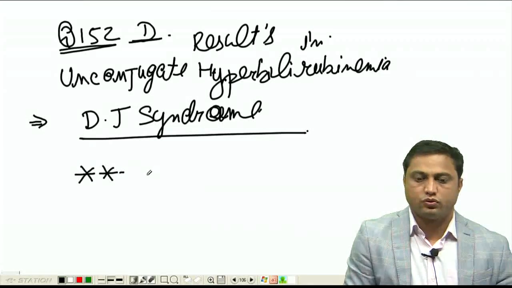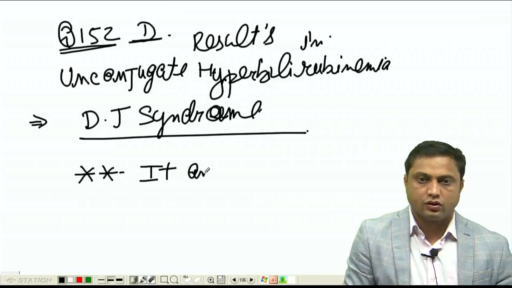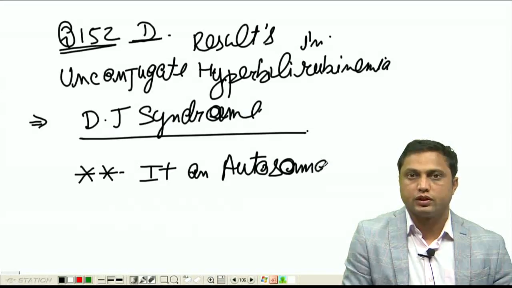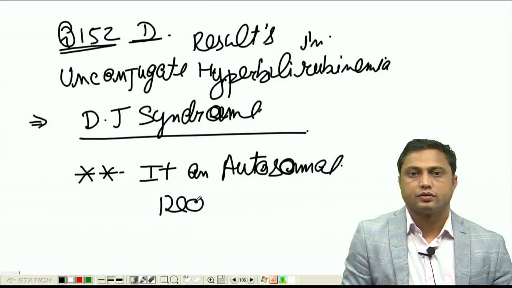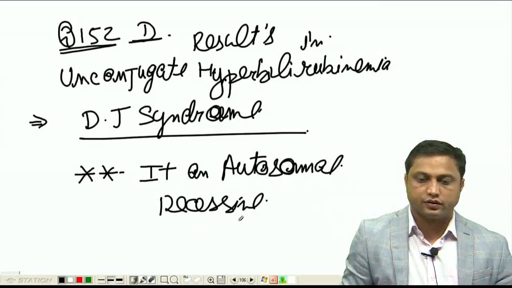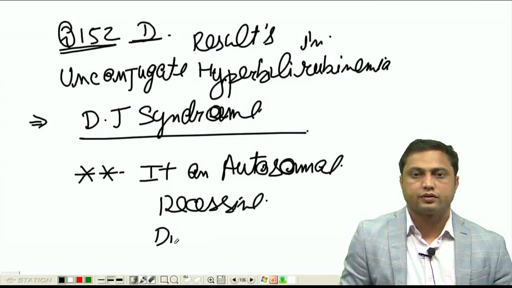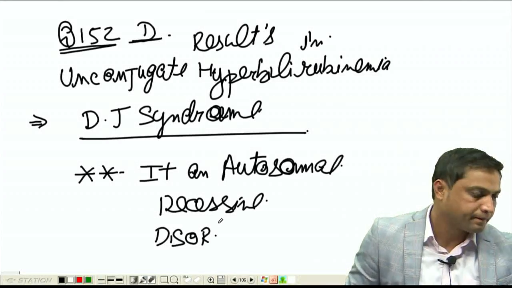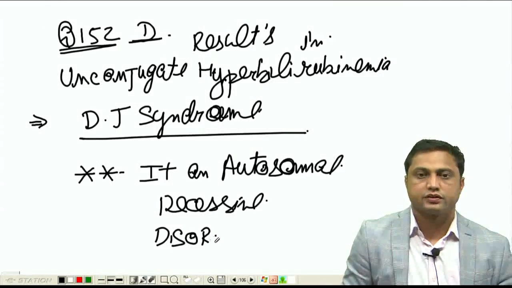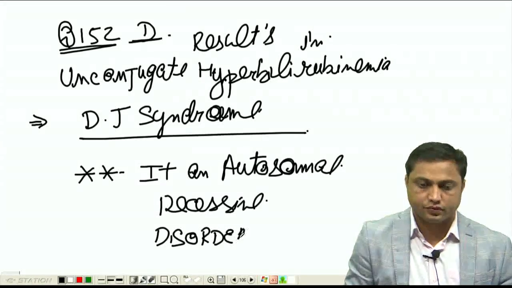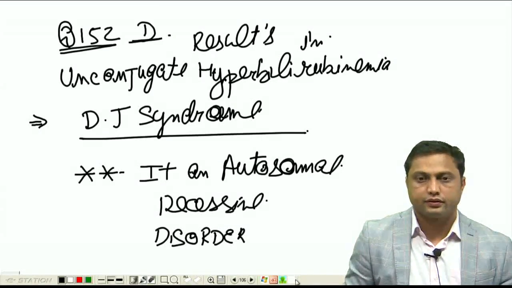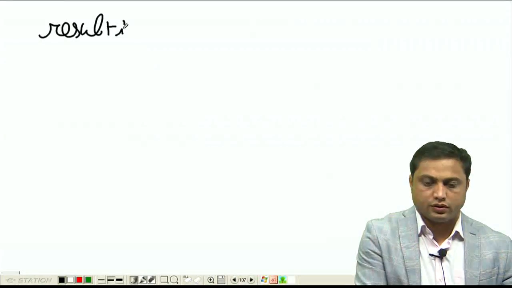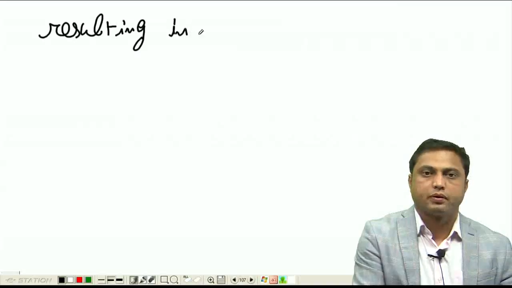Important points to know: it is an autosomal recessive disorder resulting in hyperbilirubinemia.